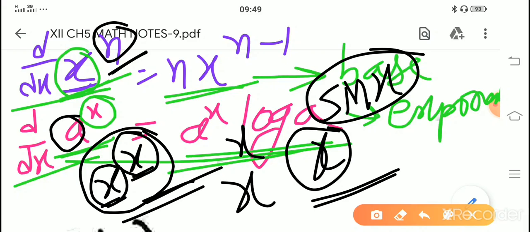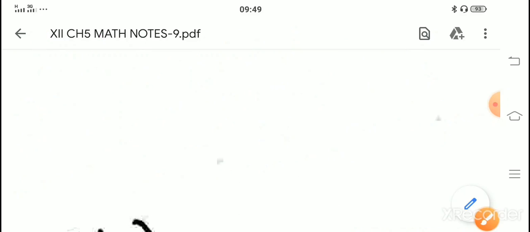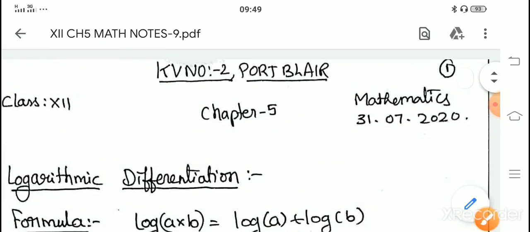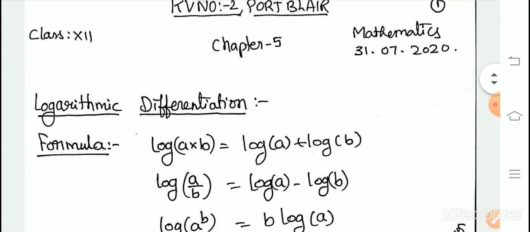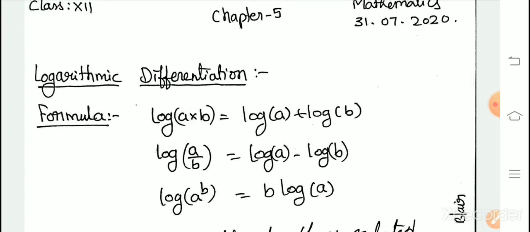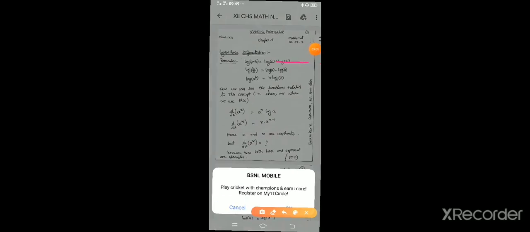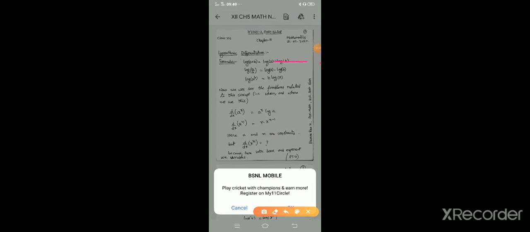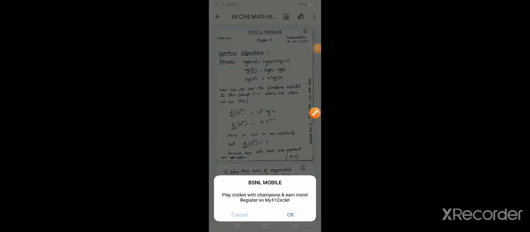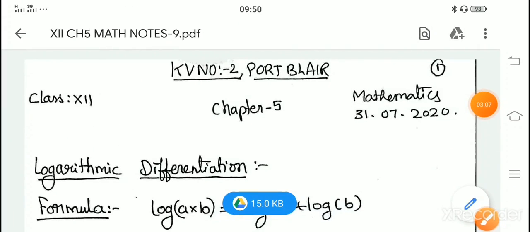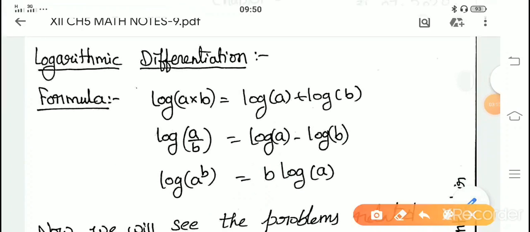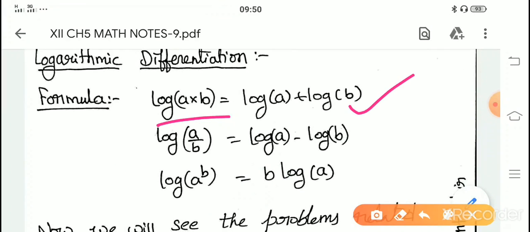For that you need to know these three basic formulas. These formulas are very important. Log of a into b is log a plus log b.